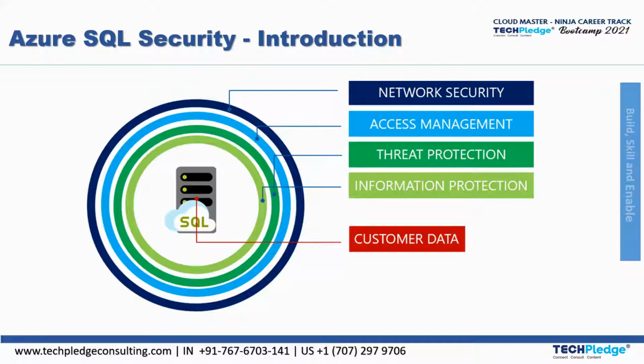The second layer is access management. In this, we can give authentication to selected users. Azure SQL Database and SQL Managed Instance support two types of authentication. The first is SQL authentication.